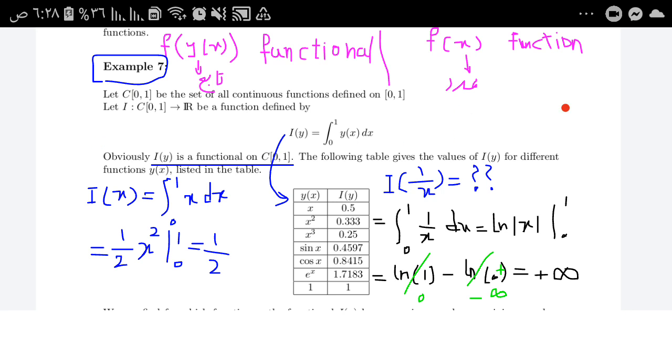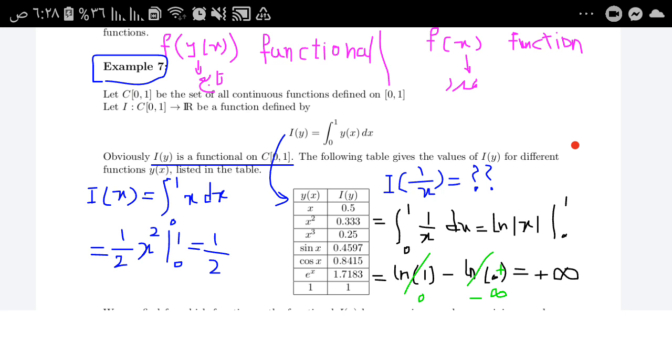This example explains the definition of a functional.